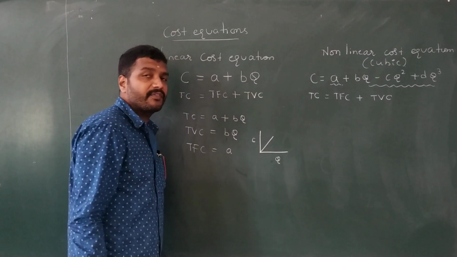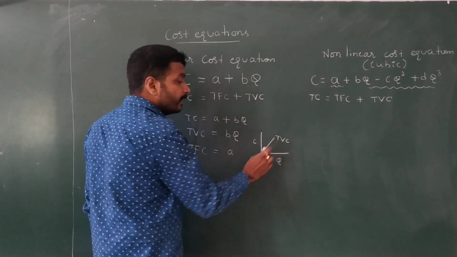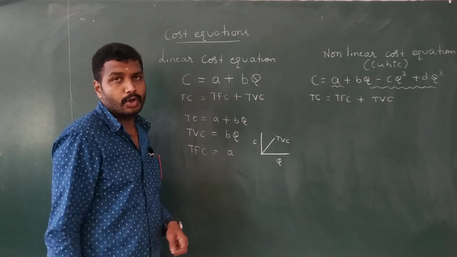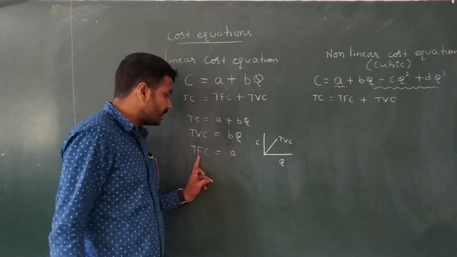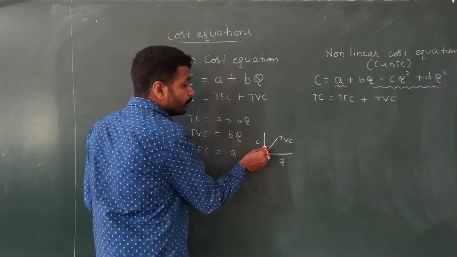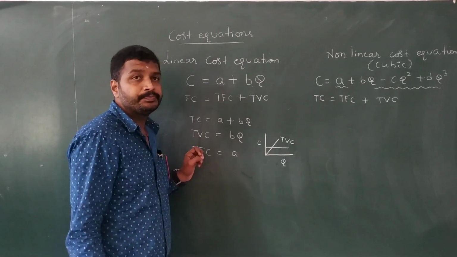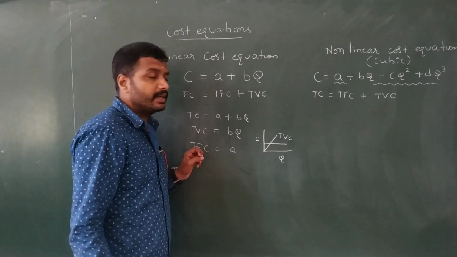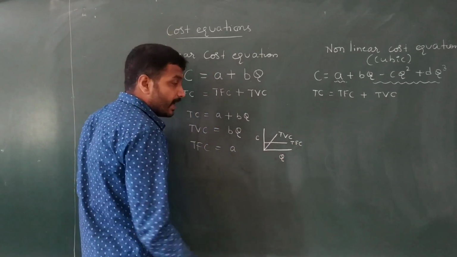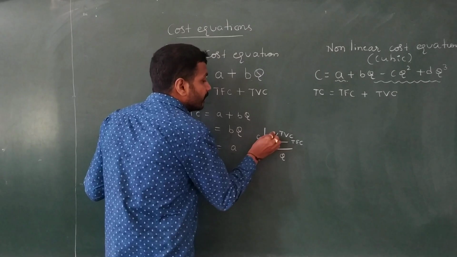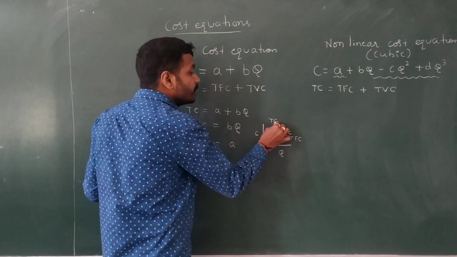So the nature of TVC is linear and it starts from the origin. If we plot a constant, that is total fixed cost, it is horizontal, or parallel to the output axis, the x axis. So this is the TFC, and from here TC starts. This is the nature of TC.